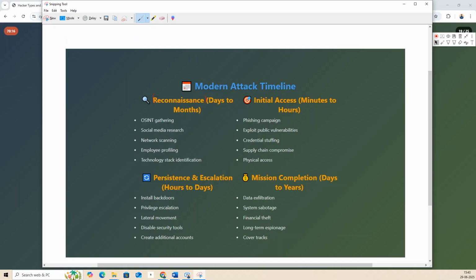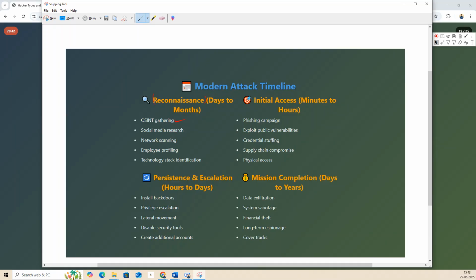In the reconnaissance phase, which can last days to months, attackers are gathering open source intelligence from your website, social media, job postings, and public records. They are researching employees on LinkedIn and Facebook. They're scanning your network from the outside, identifying what services you are running.